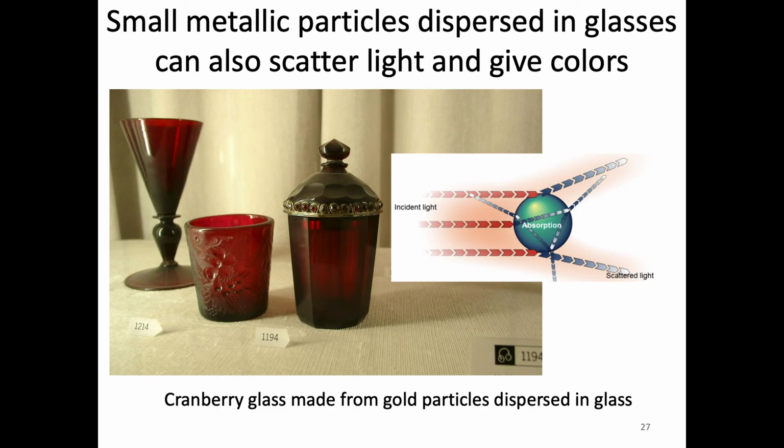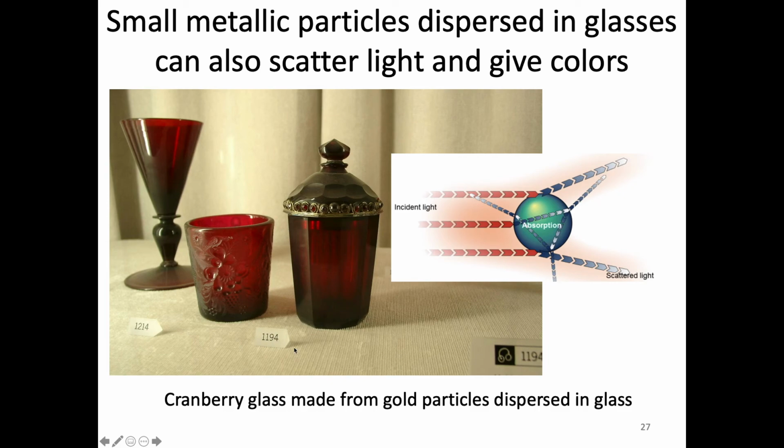The final aspect of coloration that I wanted to talk about was small metallic particles. If small particles are dispersed in glasses, but also ceramics, this can cause scattering of light, and it also gives coloration. A very famous example of this is a very rare and expensive antique to collect. It's called cranberry glass.